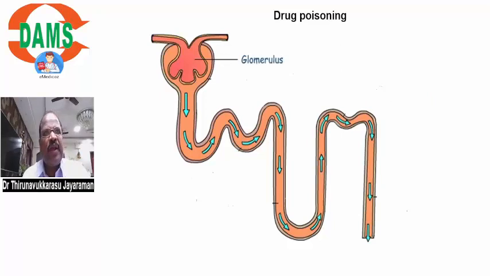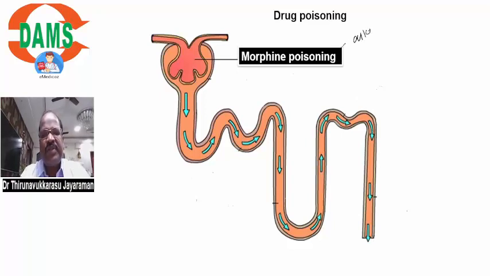Similar to this, I will give one more example. Imagine a patient admitted with morphine poisoning. Morphine, we know, is a basic substance. For treatment of morphine poisoning, we have an antidote called injection naloxone, intravenous, which is short acting, followed by oral naltrexone.